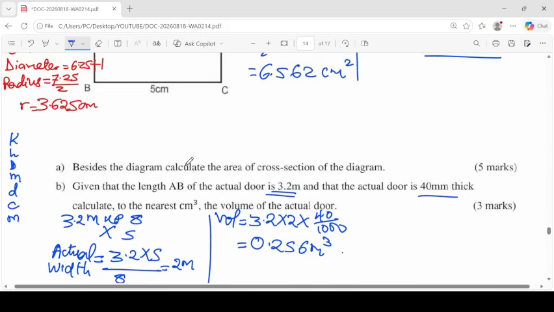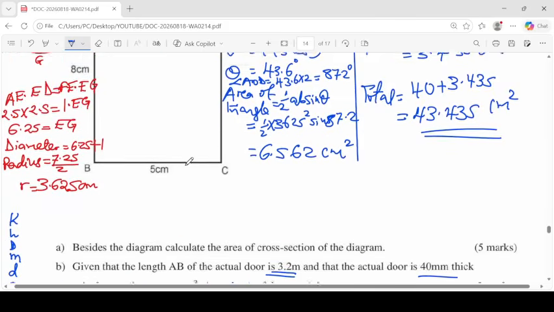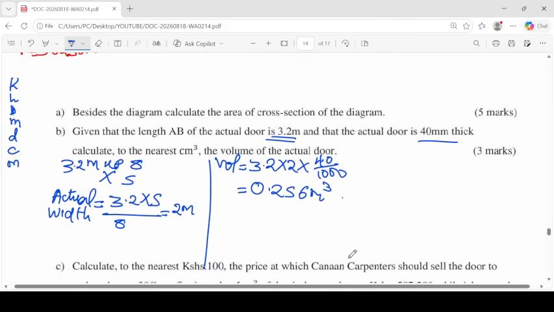Remember that the actual door is 3.2, so that... just a minute.